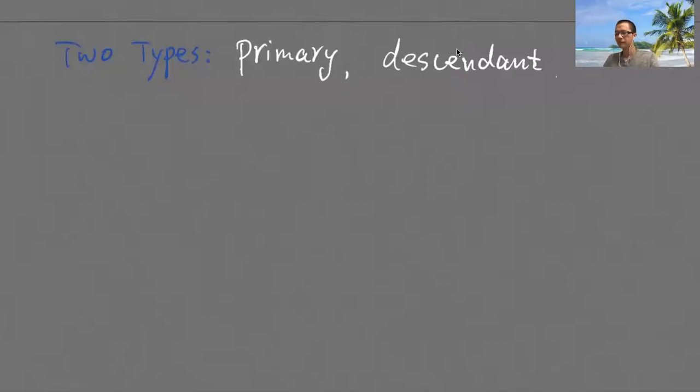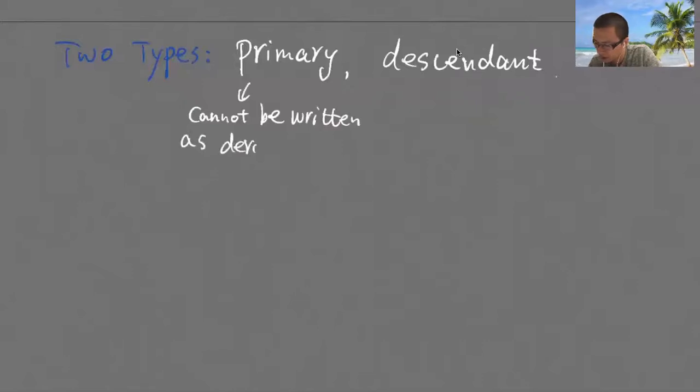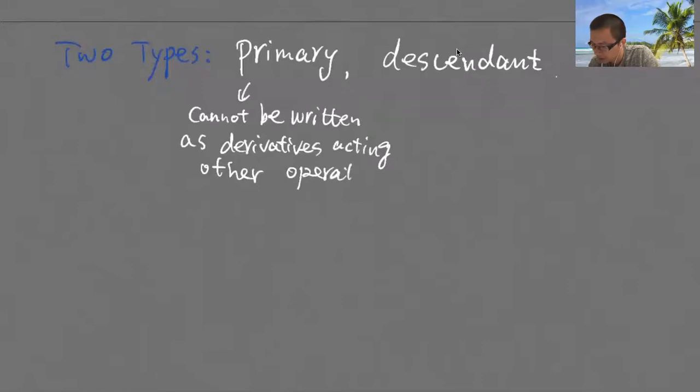Basically, the statement is that primary operators are those that cannot be written as derivatives acting on other local operators, whereas descendants can.